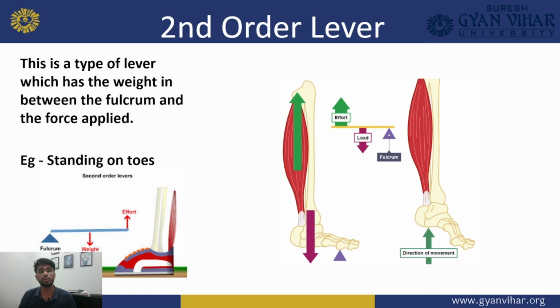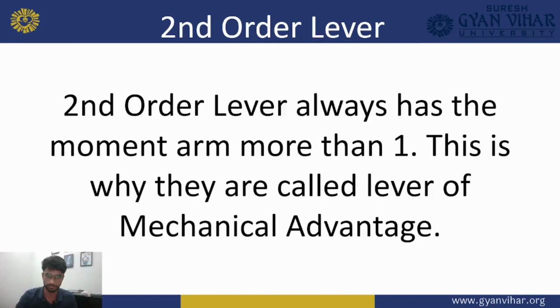The muscle is contracting less, but that less force is enough to make you fatigue. So remember that the muscle is contracting over here, just less than its capacity. Second order lever always has a mechanical advantage more than 1. This is why we call the second order lever the lever of mechanical advantage. This is a very important point to be noted.